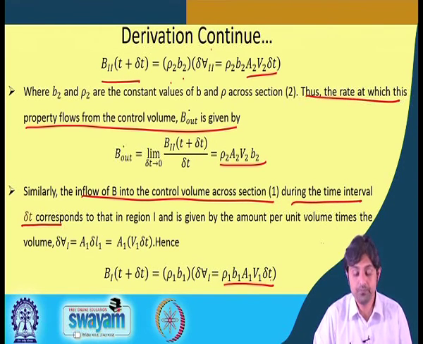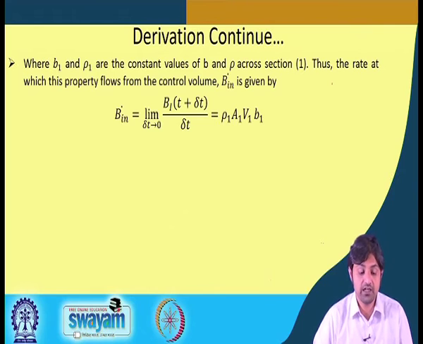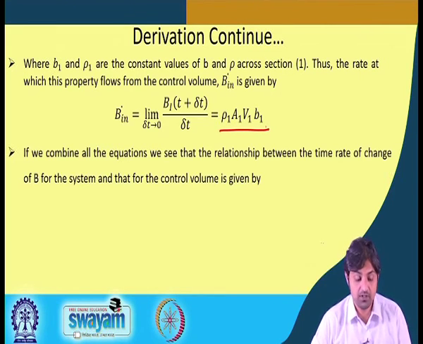So, now putting this all together, where B1 and rho 1 are the constant values of B and rho across section 1, the rate at which the property flows in is given by rho 1 A1 V1 B1.